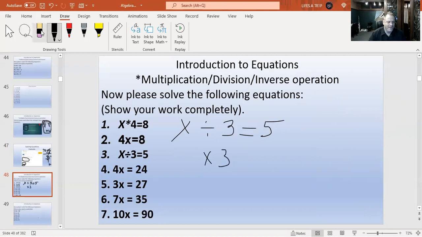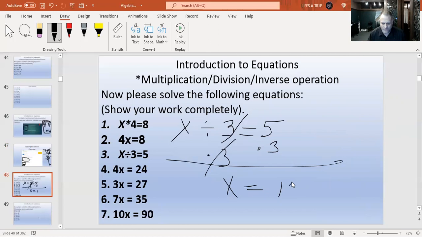Well, actually, guys, let's not use this x anymore. Let's use a dot, so that way we're not confusing the multiplication x with the variable x. All right, guys, so times 3 and cancel out. Sorry, guys, I'm still not used to this thing. x equals 15.